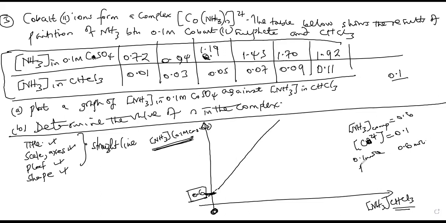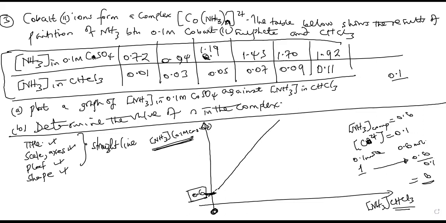What about 1? 1 will complex with how many moles of ammonia? 0.6 over 0.1, which will be 6 moles. And since they are moles of ammonia, the number of moles of ammonia is 6. All right.